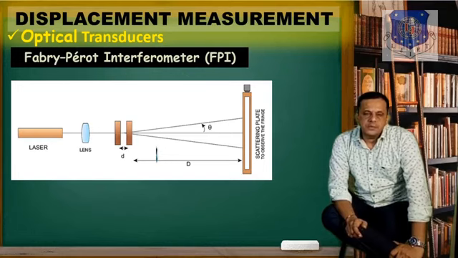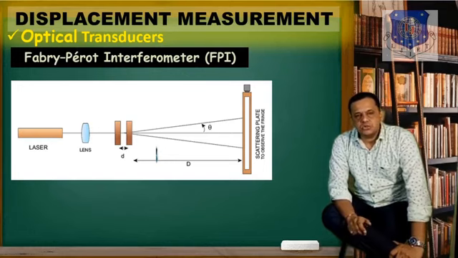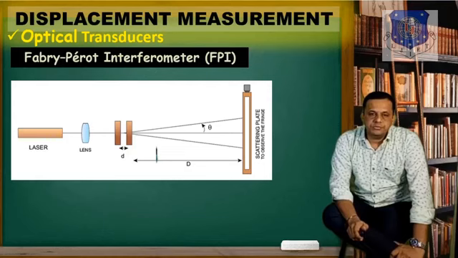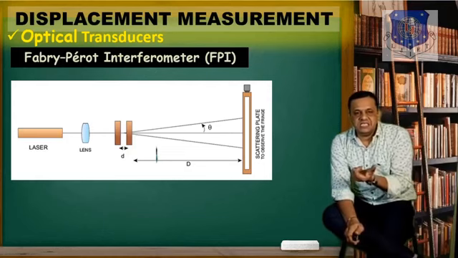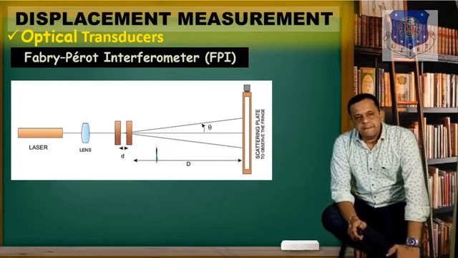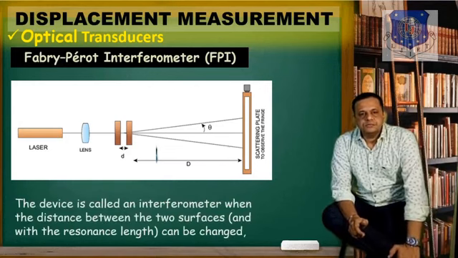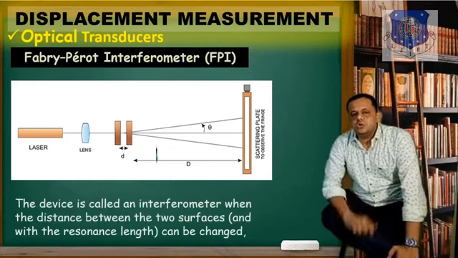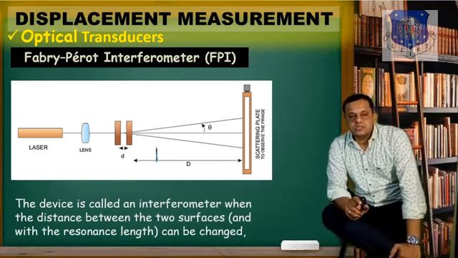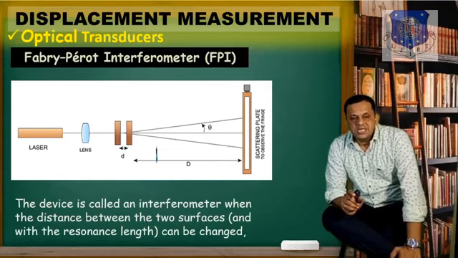So here we will be having a laser, a lens which is concentrating, and two mirrors with silver coating, and the object is at the distance d and with angle theta. Now what happens here? This device is called an interferometer when the distance between two surfaces can be changed.